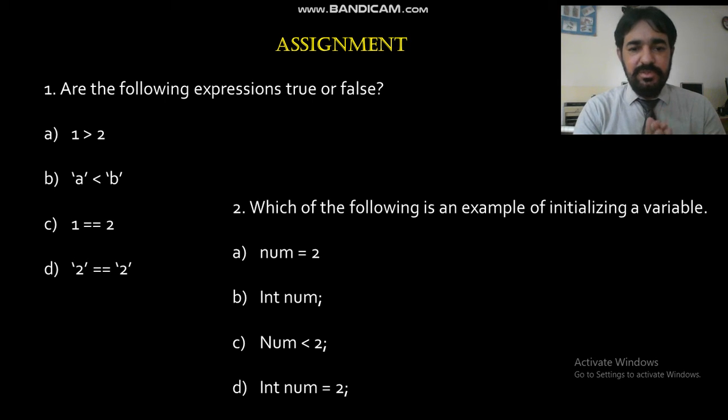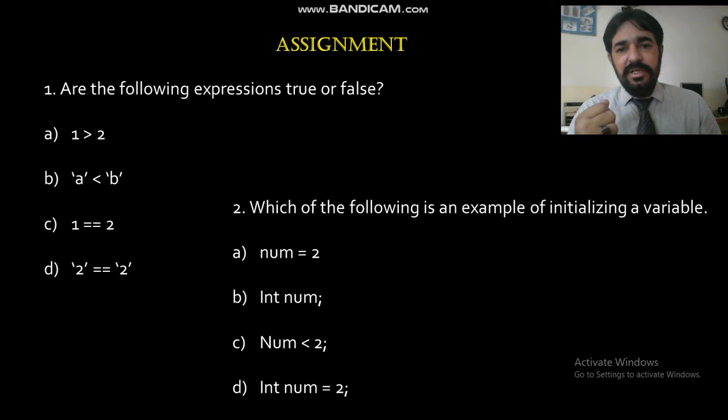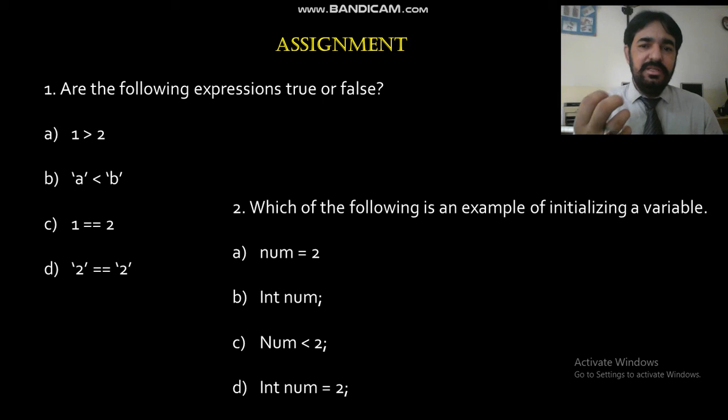I have told you how we represent our data in C language, because C is a case sensitive language. Capital A has its own meaning, small a has its own meaning. So whatever expression you are using, these have their own meanings.